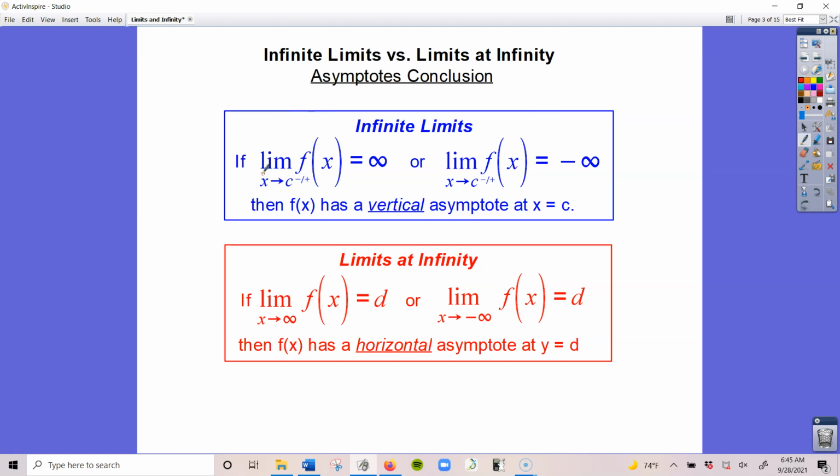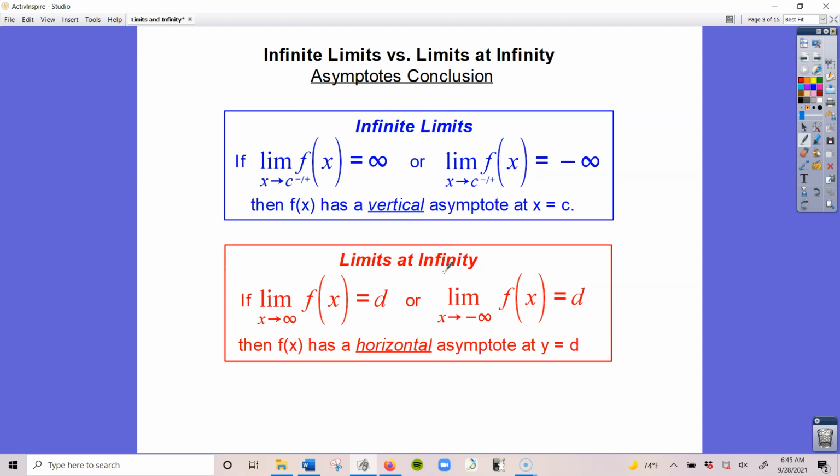So we have here x is approaching c, whatever number that is, from the left or right, would either equal infinity or negative infinity. Now, it should make sense that this is what we use to prove vertical asymptotes, because vertical asymptotes are always written as x = whatever the number is. So if x is approaching a number and we get infinity or negative infinity, that's our vertical asymptote.